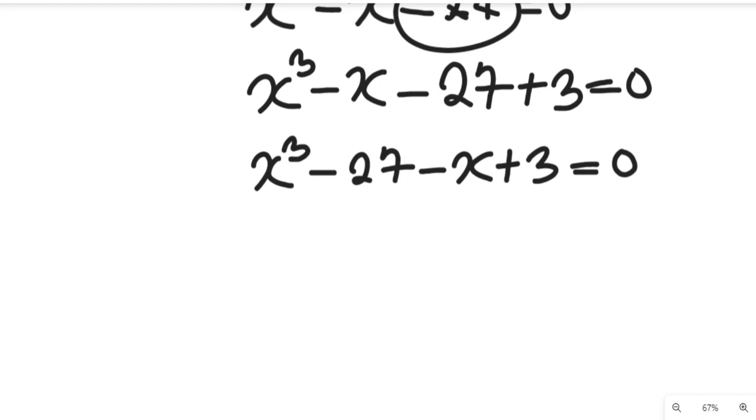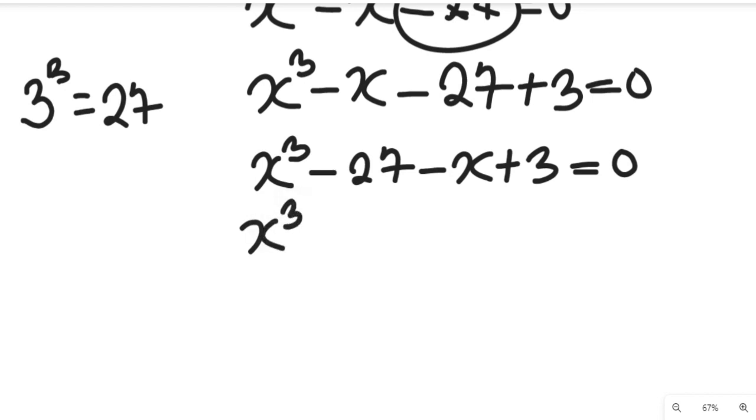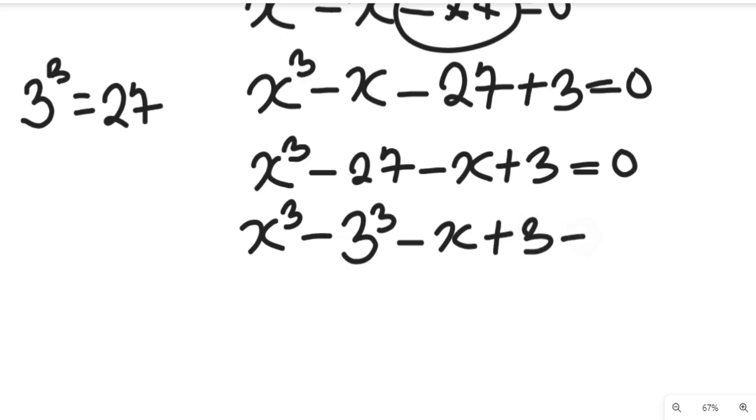From this expression now, we can come to see that 3 to the power of 3 is equal to 27. So we can say x to the power of 3 minus 3 to the power of 3 minus x plus 3 will be equal to 0.